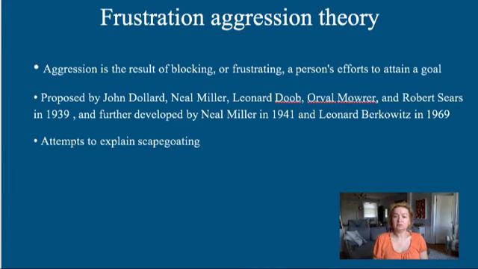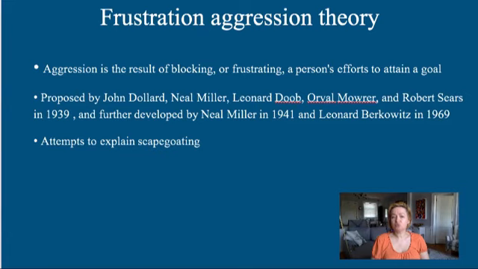Well, aggression is basically the result of some kind of blocking or frustrating of a person's efforts to attain a certain goal. This theory looks very simple, right? But there are some nuances here, of course, that we'll discuss a bit later.